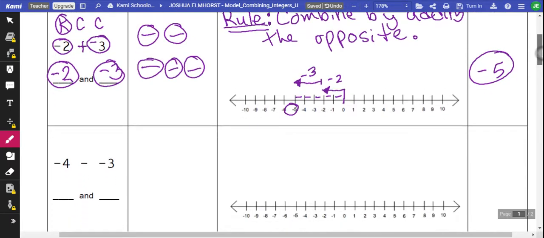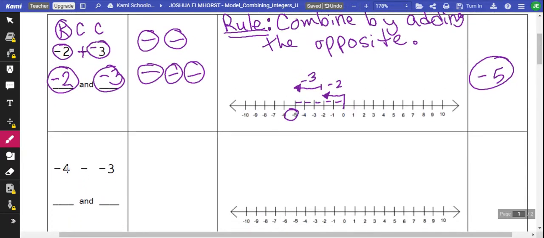So remembering that rule, we're going to add integers. We're going to combine the integers by adding the opposite. So we're going to keep the first integer, change the middle symbol sign, and then change the sign of the second integer.